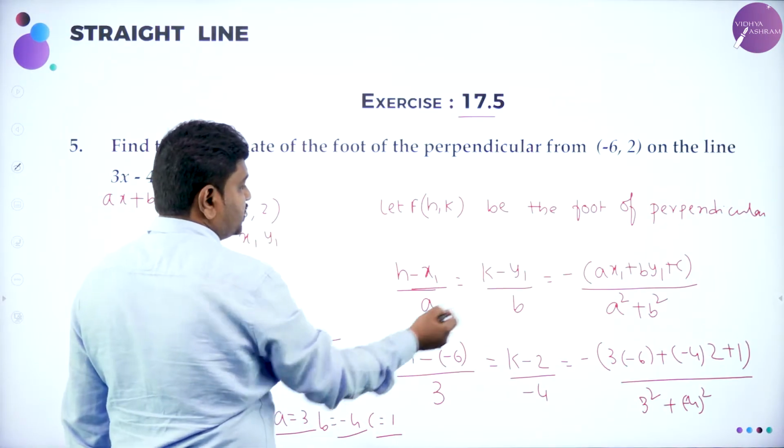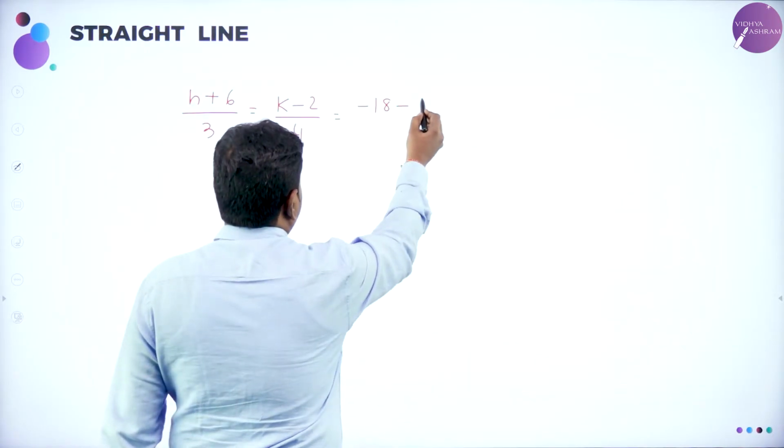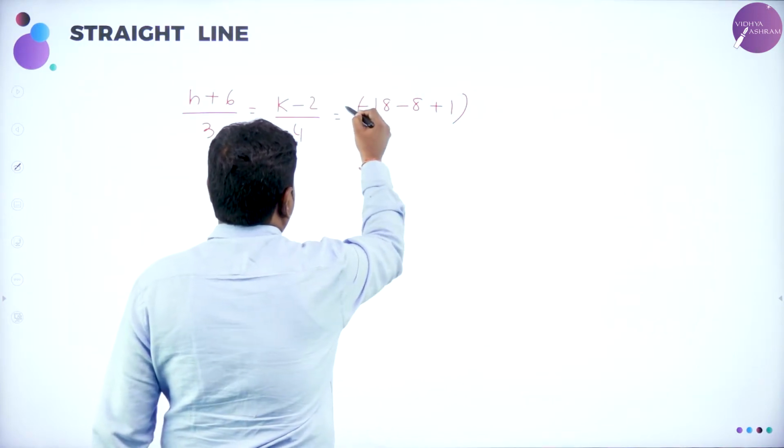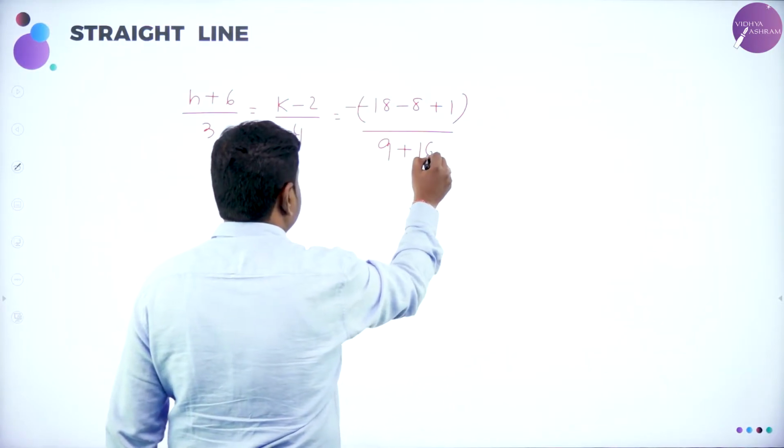ax1 means 3 into minus 6 is minus 18. Then minus 4 into 2 is minus 8. Plus 1, outside we'll have minus, divided by a square plus b square. 3 square is 9, minus 4 the whole square is 16.